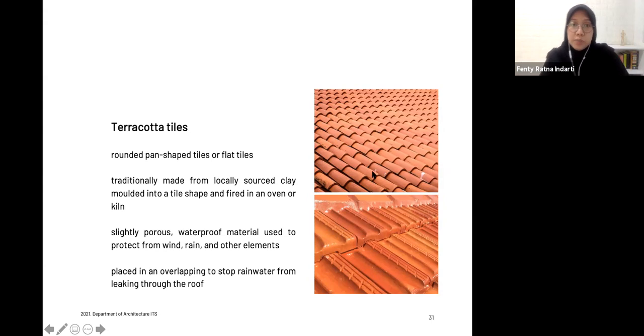And then because of this process, you have something slightly porous, so it's actually not literally waterproof, but it's water resistant. So it's like if you have a Kanken bag, it's not actually waterproof, it's actually water resistant.